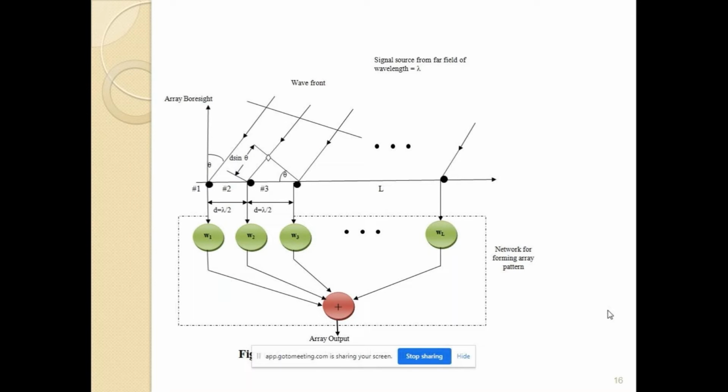These uniform linear array antennas are precisely located at a distance d equal to lambda by 2. Why d equal to lambda by 2, where d is the distance between two antennas and lambda is the wavelength of the radio signal?